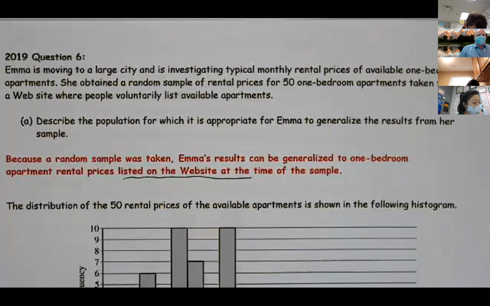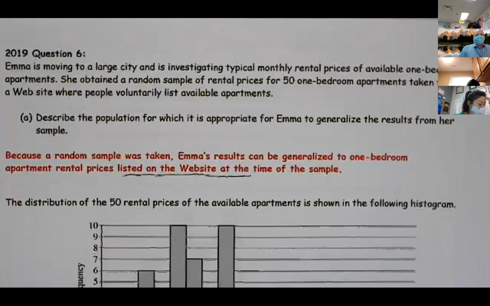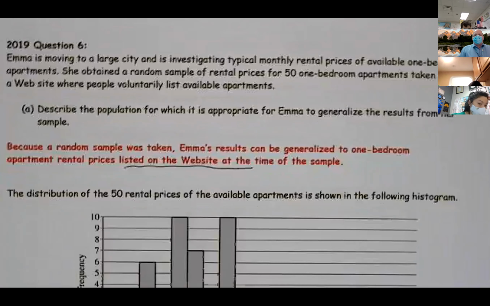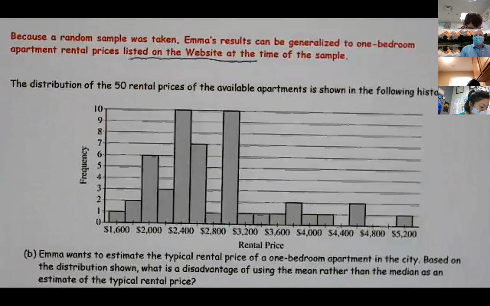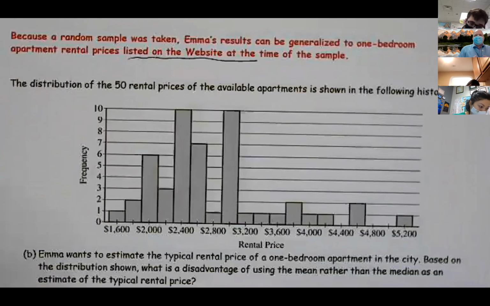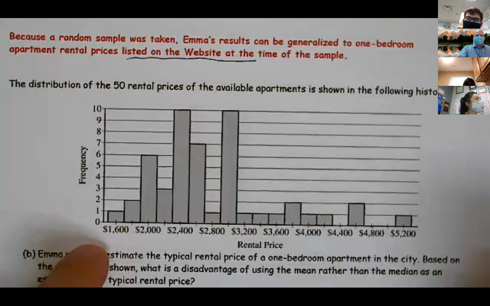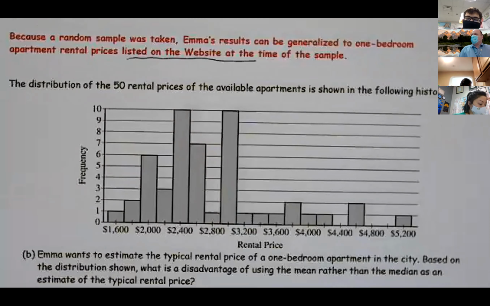The next part says the distribution of 50 rental prices of available apartments is shown in the following histogram. So we have this histogram, and the first thing I notice is I have a bunch grouped over here, but it's also stretched out to the right.